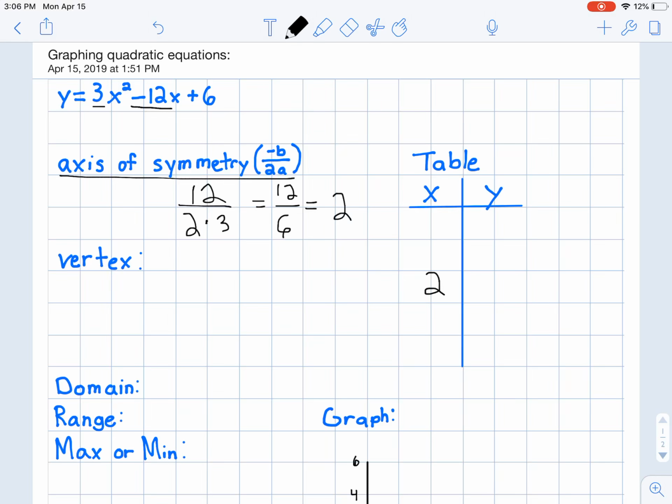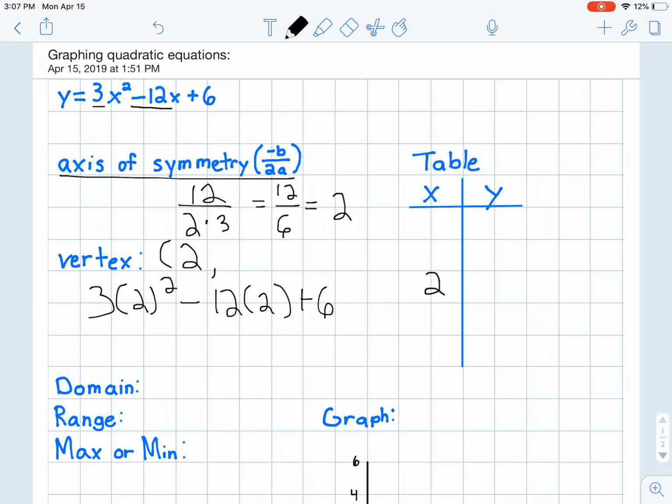So now the next thing is to find the vertex, which is also going to give me my y value in my table. I already know that my x value is going to be 2. And the vertex is the lowest or highest point on my graph. So I'm going to take 3 times 2 squared minus 12 times 2 plus 6.